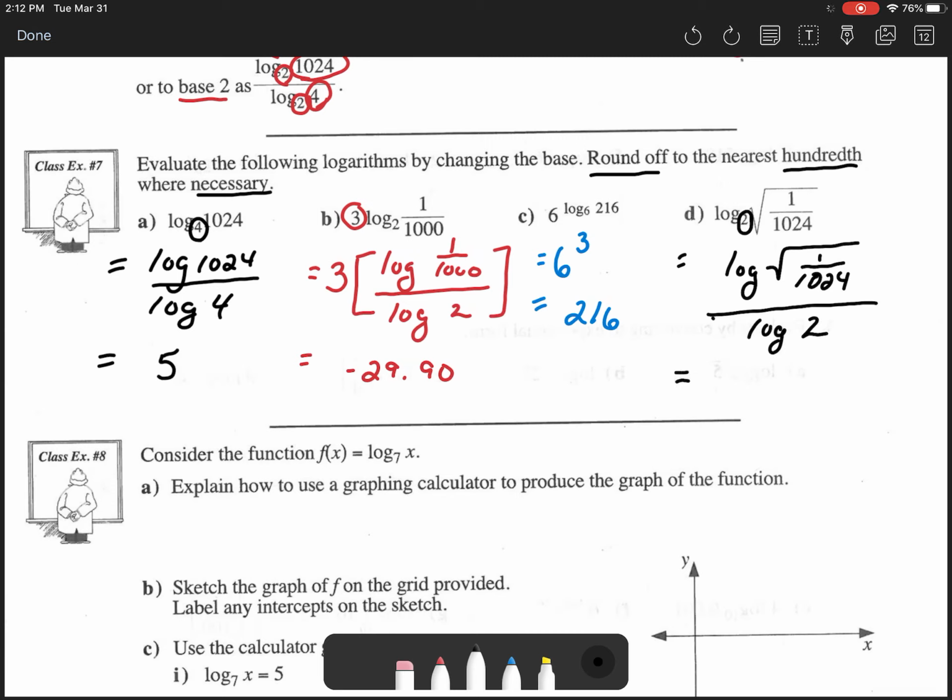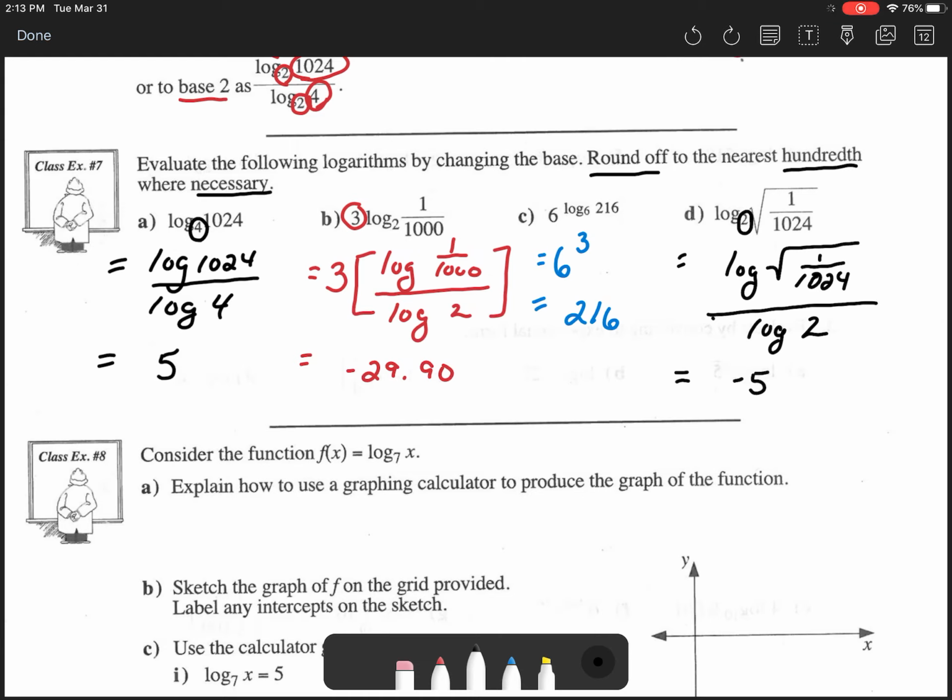Just a lot of calculator keystrokes here. So what I would probably do is go 1 divided by 1024, take the square root of the answer, and then log of that value. So there's the numerator, and now divide by the log of 2. This gives me a perfect value of -5.